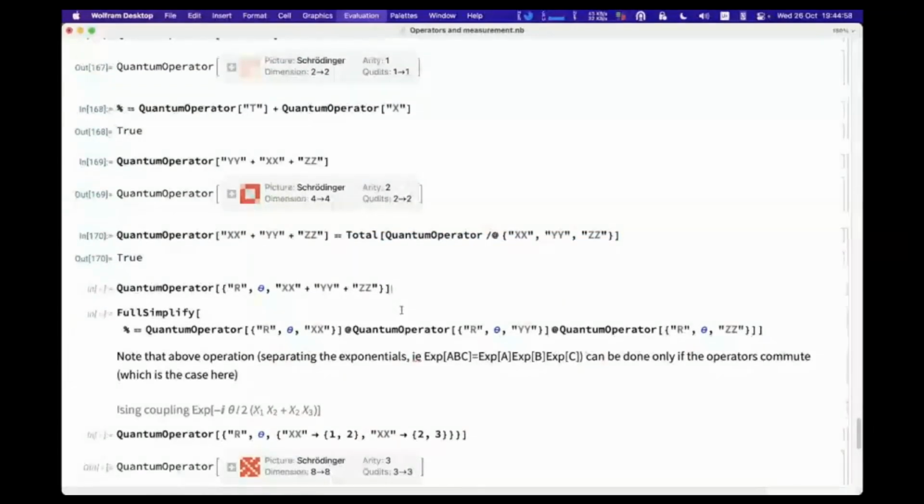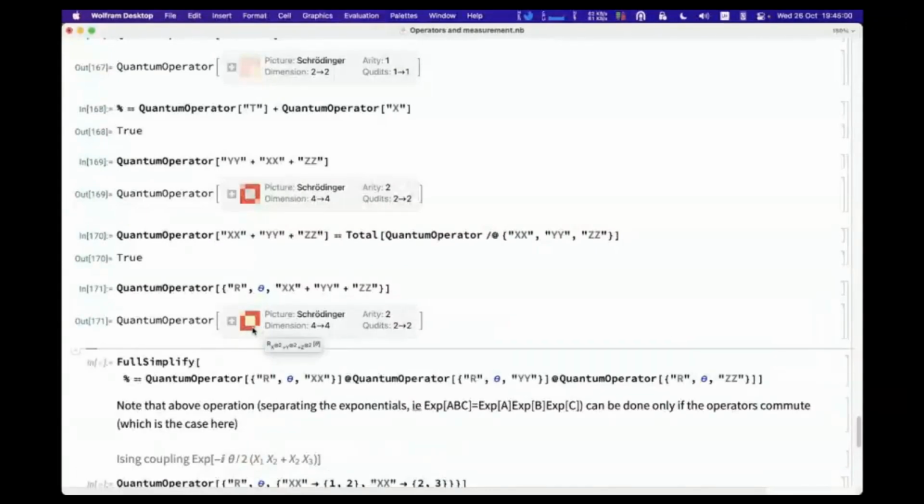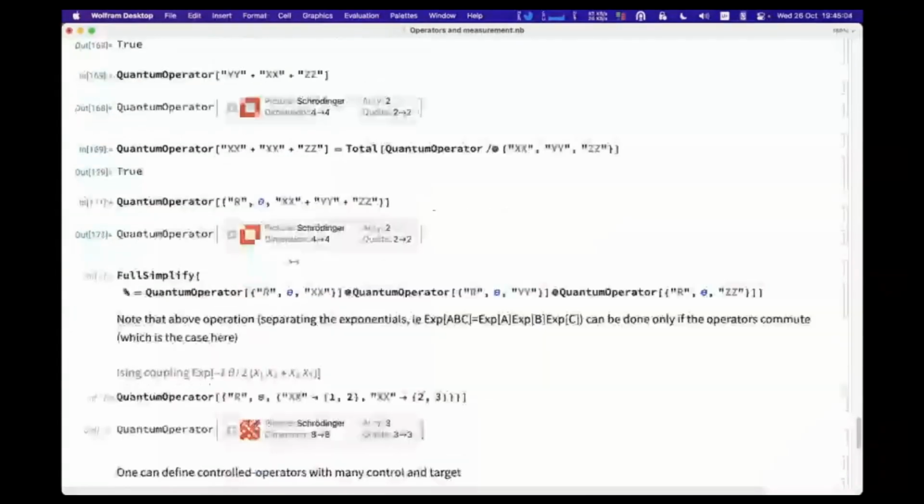It doesn't change anything. What's interesting is the generic rotation operator. Given a coupling constant, represented here by theta, you can have a composite quantum operator and create the corresponding exponential. Remember, the exponentials in this case, when you have a time independent operator, represent the time evolution operator.